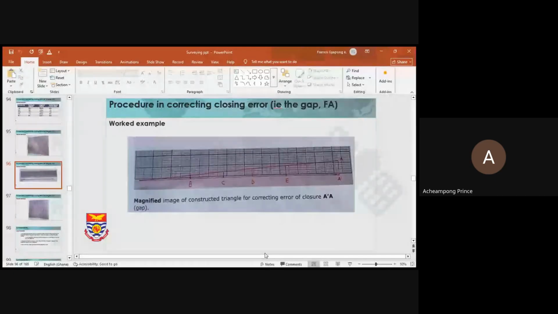So BB prime to give us 0.2, then CC prime should give us 0.3. What about DD prime? 0.4. That will give us 0.4. I see. And the last one is EE prime.